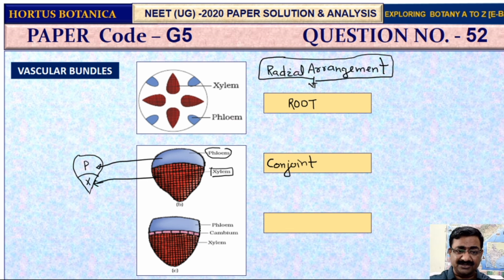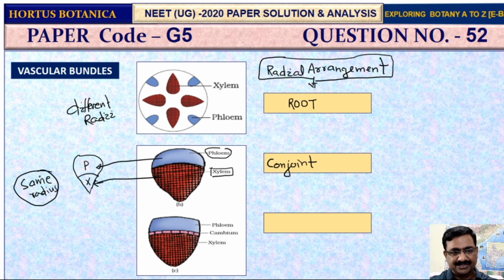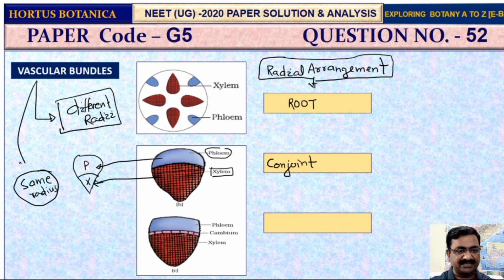In the root, they are present on different radii, and in the stem, on the same radius. So this is the basic difference between the vascular bundles of root and the vascular bundles of stem.